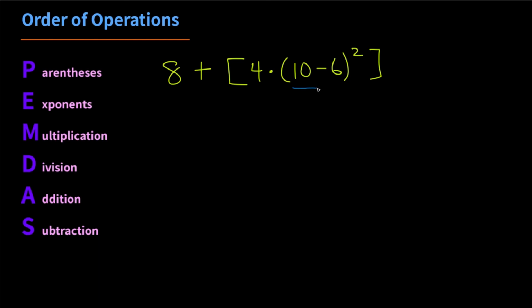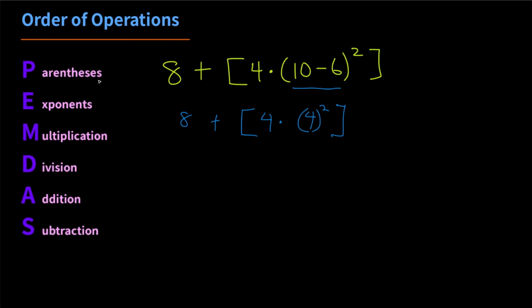So that's going to be this grouping symbol right here. So let's simplify 10 minus 6. We get 4. Keep that squared. And then I'm going to continue all the grouping symbols and just write the rest of the operations left over.